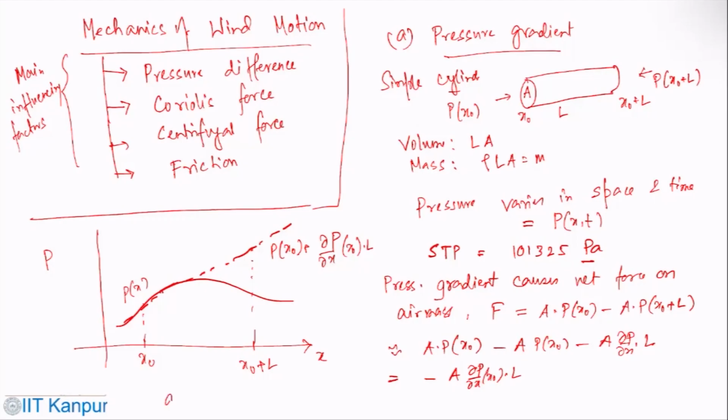If we say the acceleration due to pressure gradient is a, then we can write it as minus del P by del x at x naught by rho, which is meter per second square. So you get this acceleration due to pressure gradient.